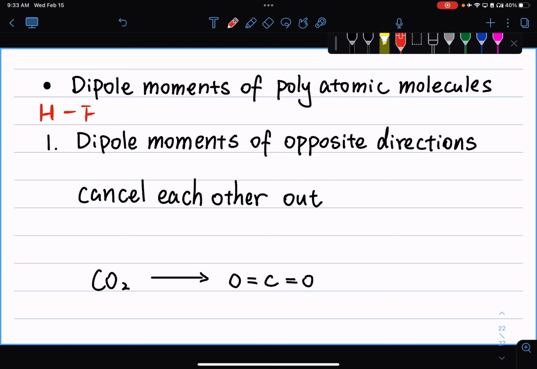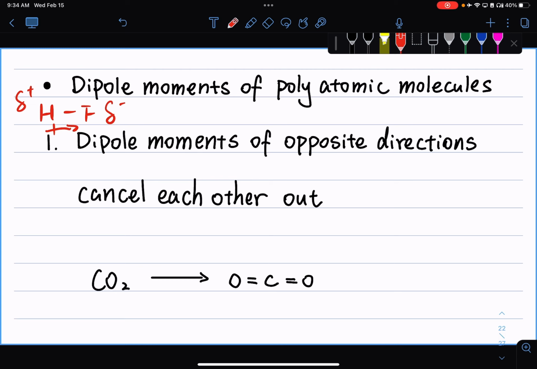Fluorine is our most electronegative atom, and naturally your electrons are more attracted to the fluorine instead of the hydrogen. So when we're drawing it, we draw the dipole moment from the partially positive atom to the partially negative atom. The origin of the dipole moment of that polar covalent bond is a difference of electronegativity between the two atoms that are bonded together. That's a bit of the review. Now we're moving on to talk about polyatomic molecules.